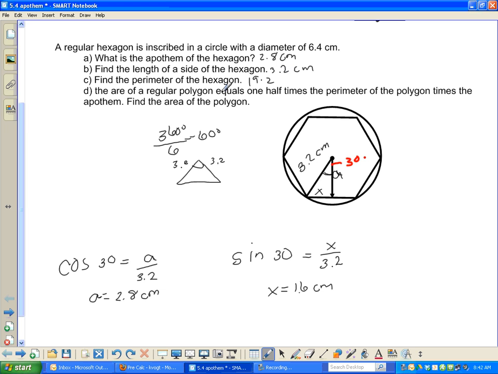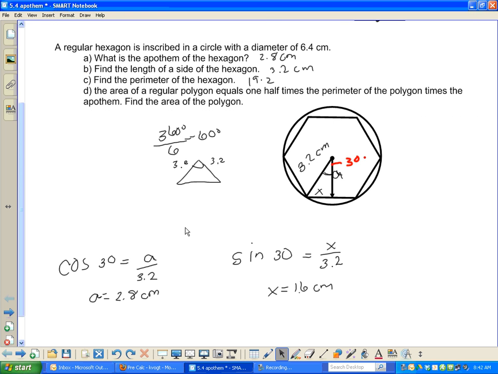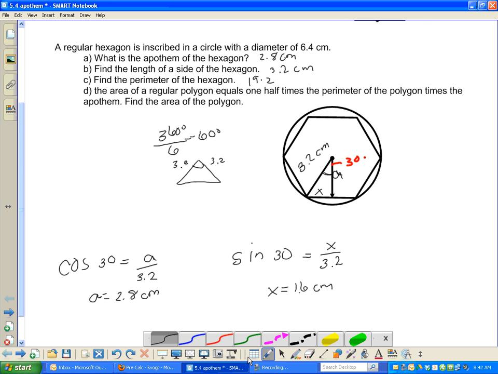And the area, this just says R. Let's see. The area of my regular polygon should be 1/2 times the perimeter times the apothem.